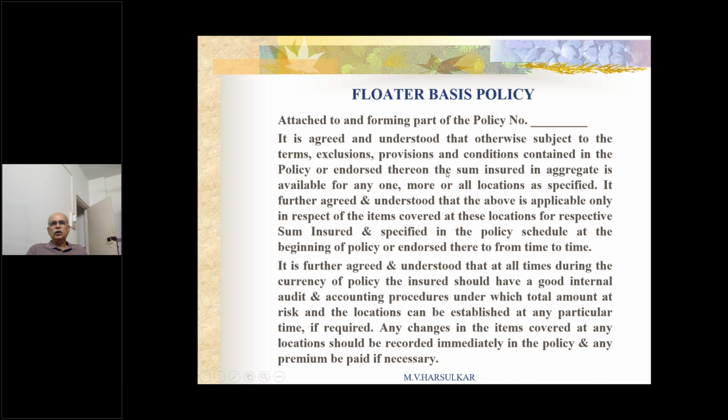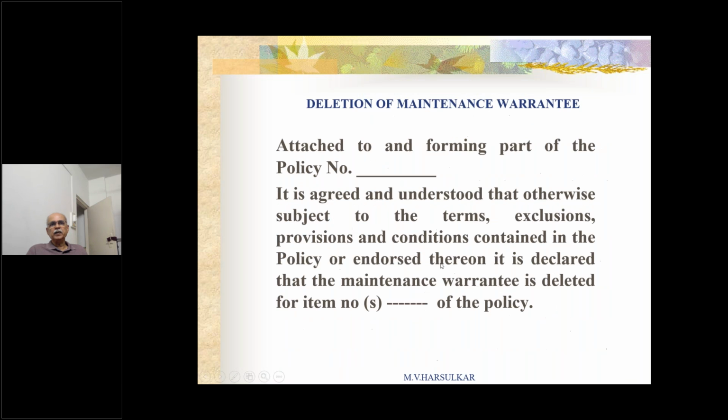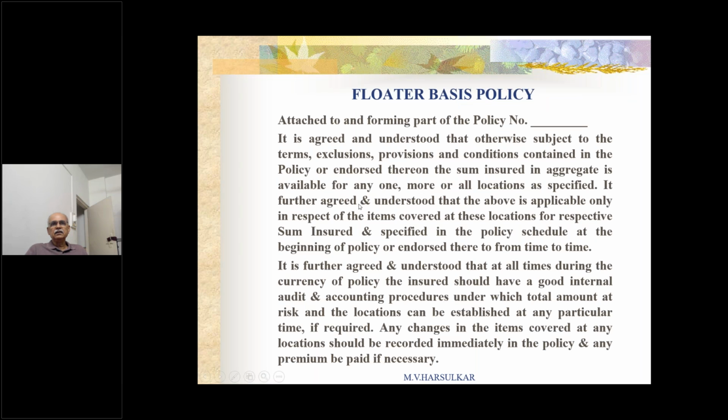Endorsed thereon, the sum insured in aggregate is available for any one, more, or all locations as specified. It is further agreed and understood that the above is applicable only in respect of items covered at these locations for the respective sum insured for those items.